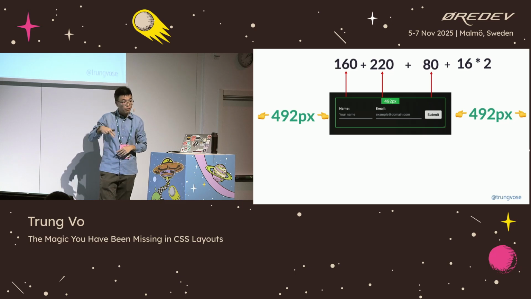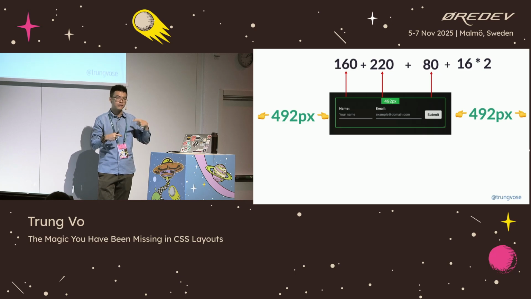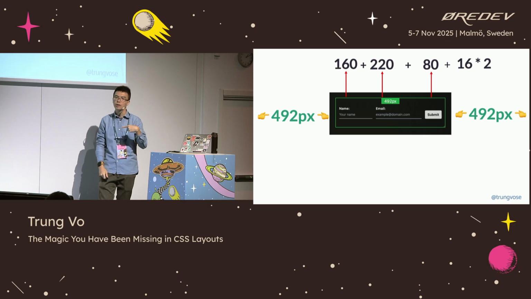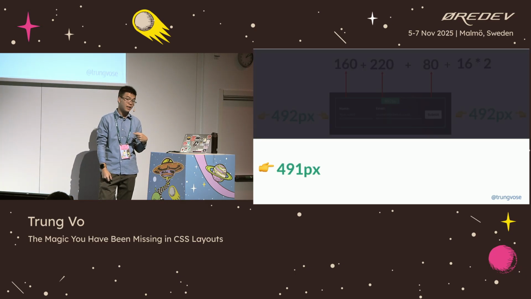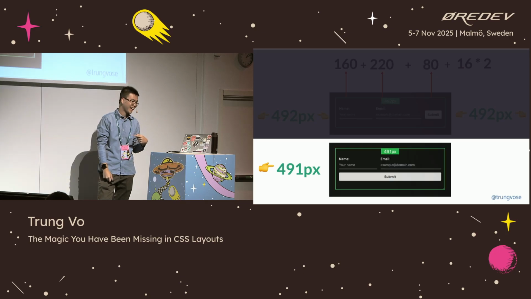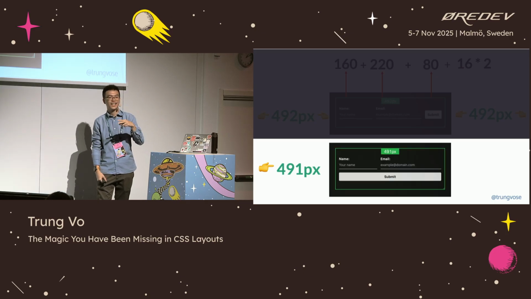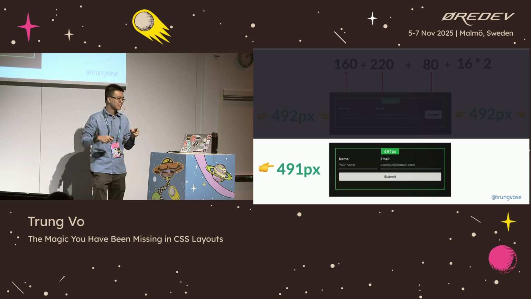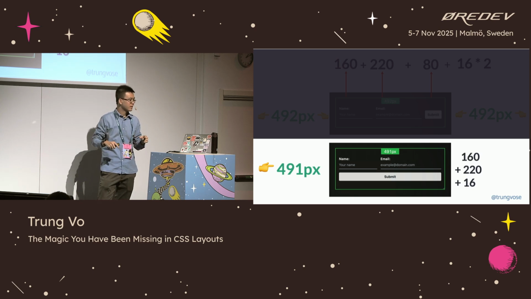And then at exactly 492, everything looks nice. It can fit in a single line. That's the math. But if the container is just a little bit smaller, let's say 491, then now the button wraps to the next line. Because for the 2 text boxes that we had before, we do the math again.